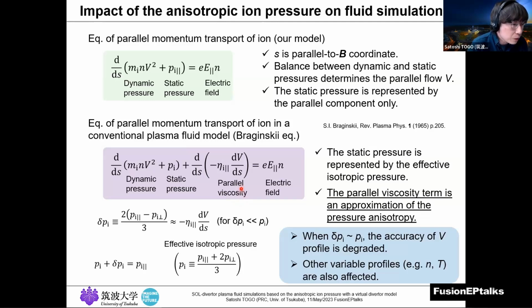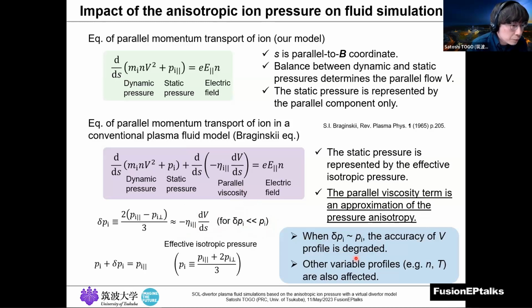However, please remember that the ion pressure anisotropy is not always small enough when the collisionality becomes marginal. So this delta P can be of the same order as P. In such a case, the validity of this approximation is degraded, and thus the accuracy of the ion flow profile is also degraded.